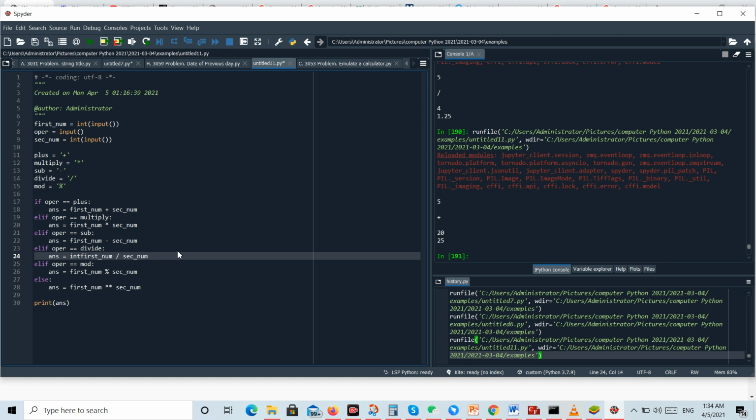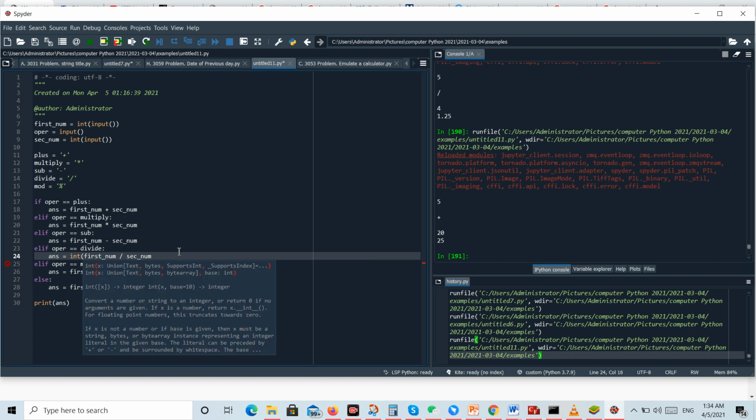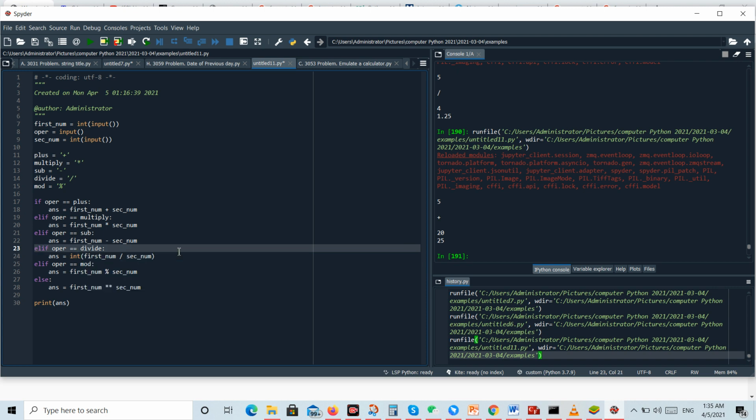So say int in brackets, come to this other side, add brackets.